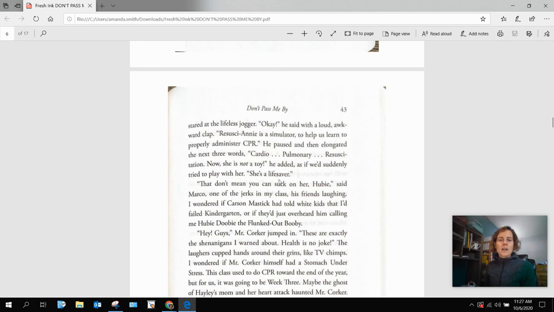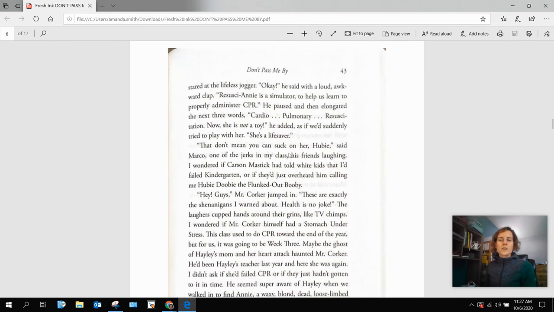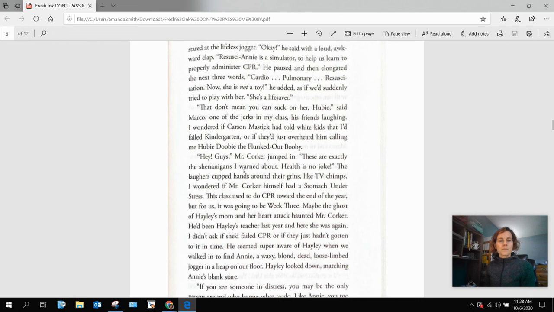Now she is not a toy, he added as if we'd suddenly tried to play with her. She's a lifesaver. That doesn't mean you can suck on her, Huey, said Marco, one of the jerks in my class, his friends laughing. I wondered if Carson Mastick had told white kids that I'd failed kindergarten, or if they just overheard him calling me Huey Dewey, the flunked out booby.